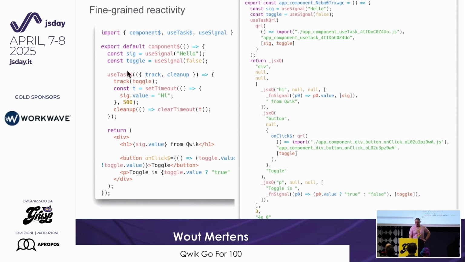Likewise, we have a task. And if you're running on the client, then it will do a timeout. Well, actually on the server as well. I guess I should have put a little thing in there to prevent it from running on the server. But whenever you toggle, it will change the hello to hi after 500 milliseconds.